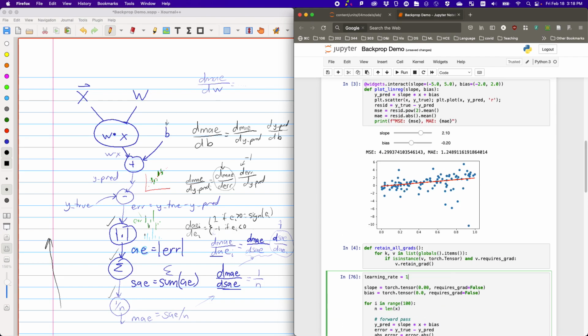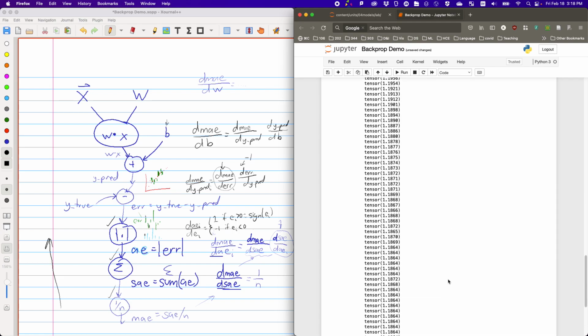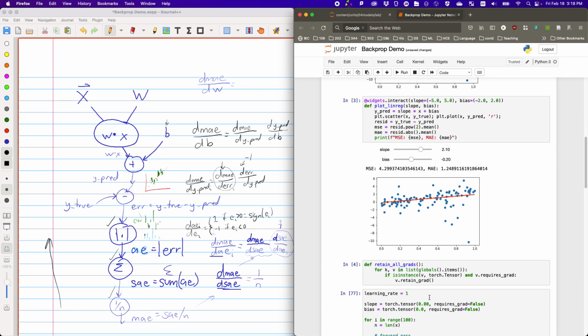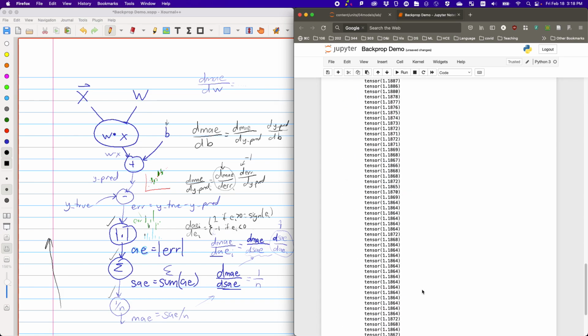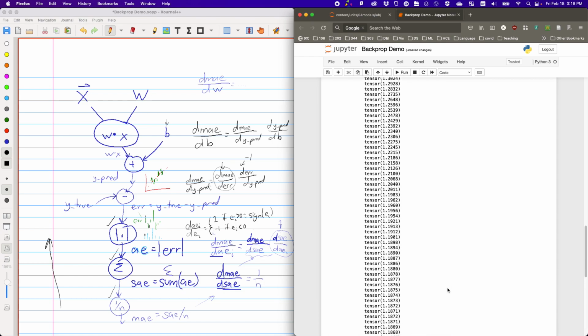So what happens if we go too fast? Well, actually, this is a really tame problem, so we can go down pretty quickly. And there's our minimum mean squared error, or mean absolute error, that occurs at our slope and bias of 3.37 and minus 0.68. So you can go put those into our plot, 3.375 and minus 0.68.